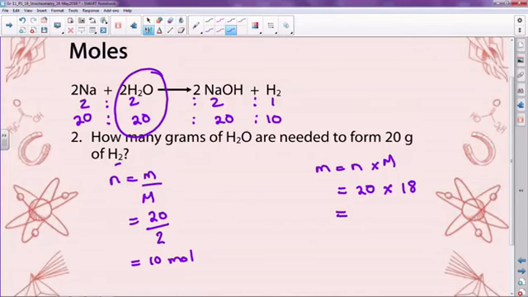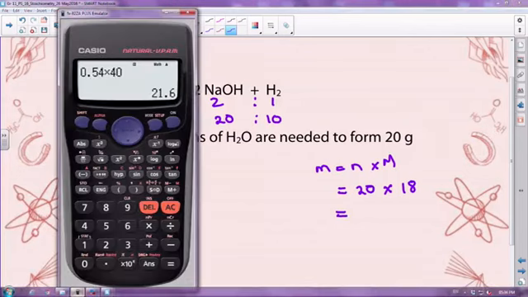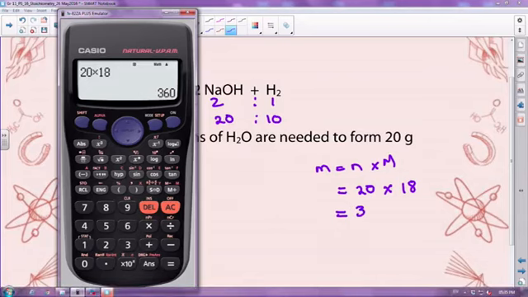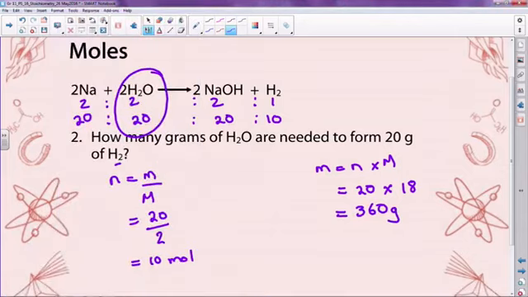I think we're looking in the region of 360 here, but let's double check. 20 multiplied by 18 gives us 360 grams. Okay, everybody with me?